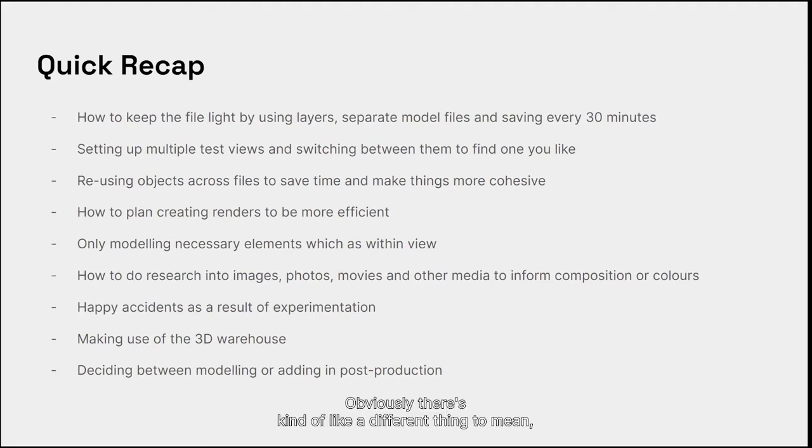Obviously, there's a difference between your building and the surrounding context. You don't want to be importing other people's buildings as your own project. It's more for plants, objects and background stuff. And then, like I said before, think about the level of detail you want in the things you're modeling versus the things you're adding in post-production. That will depend on yourself.